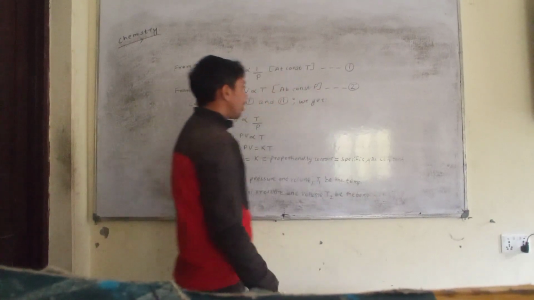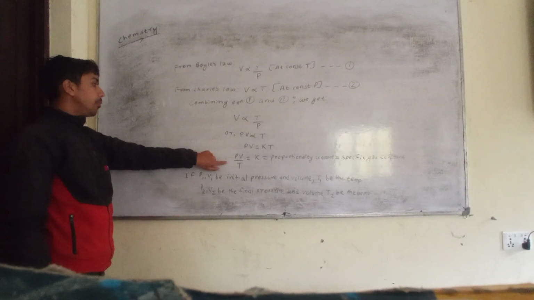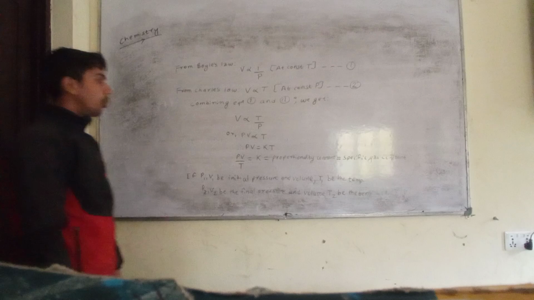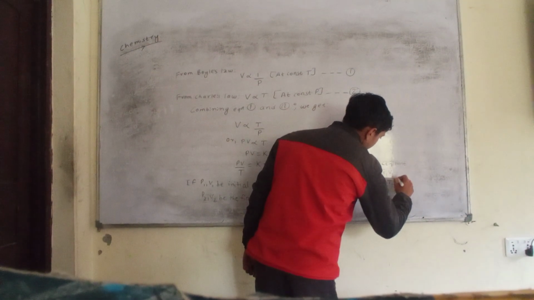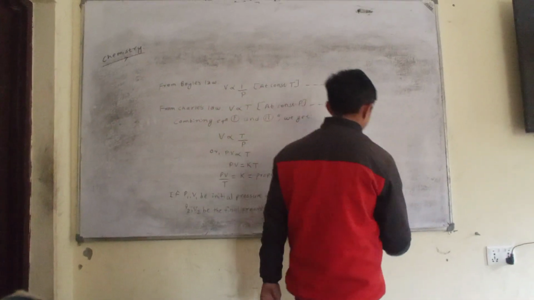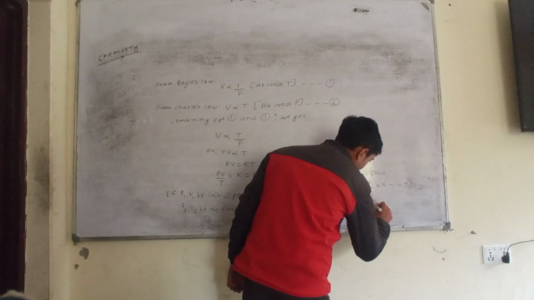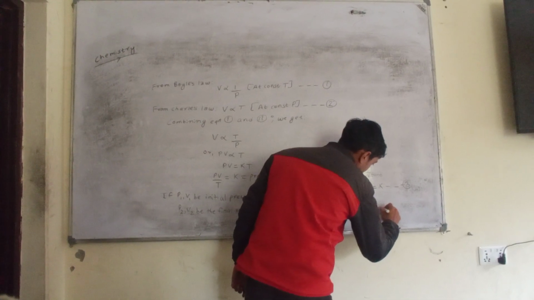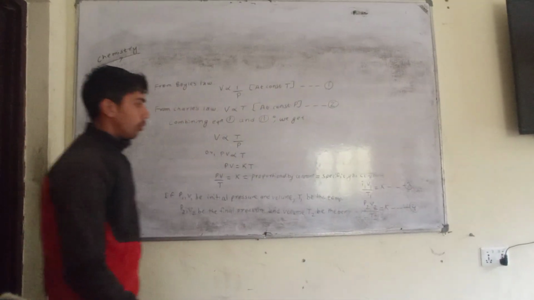So in the similar manner of PV upon T equals K, we can write P1 V1 upon T1 equals K. This is equation number 3. And P2 V2 upon T2 equals constant. This is equation number 4.